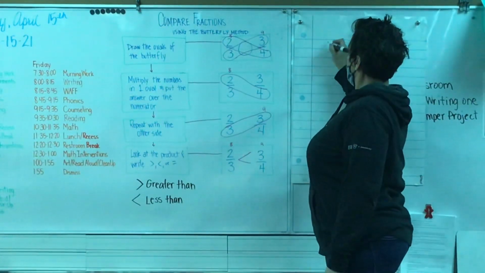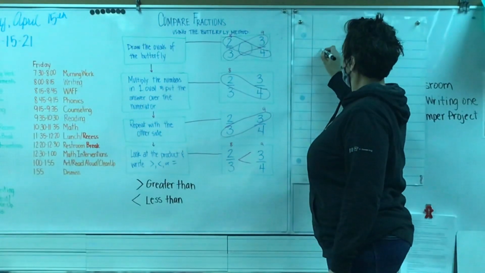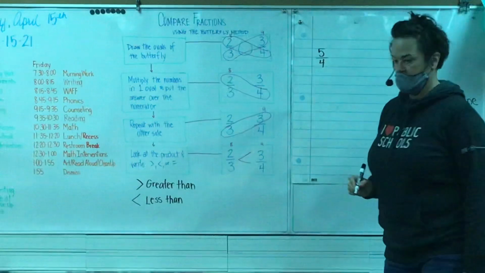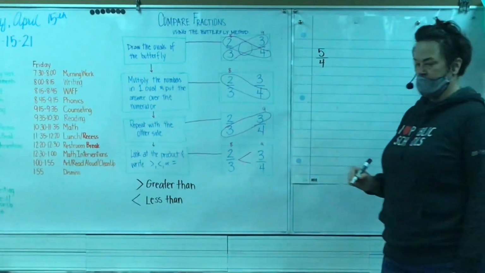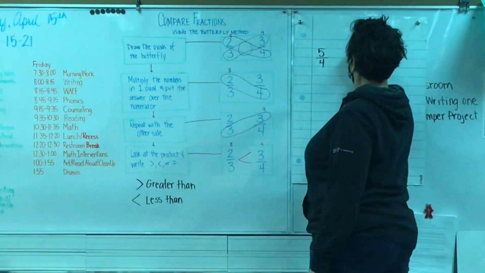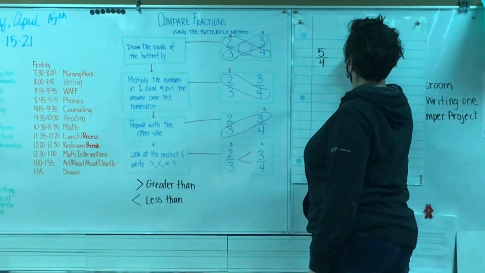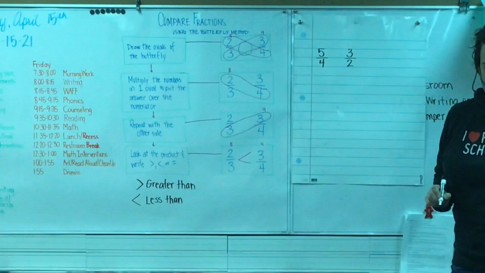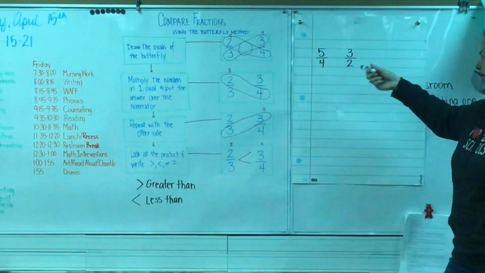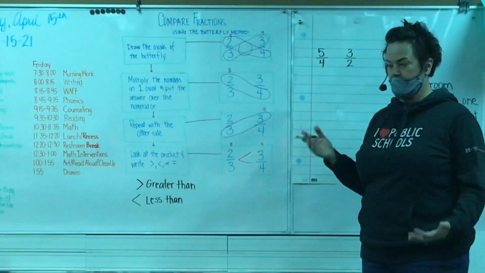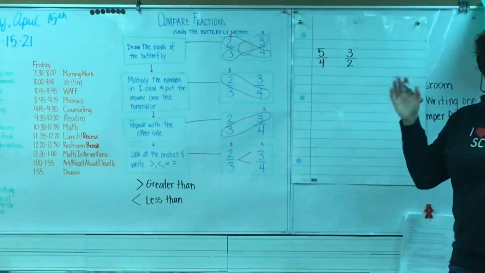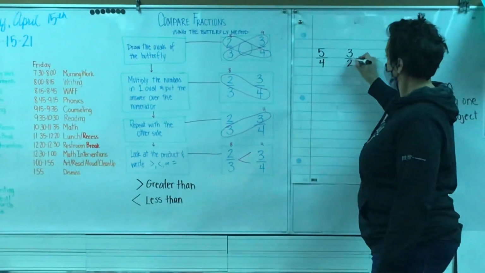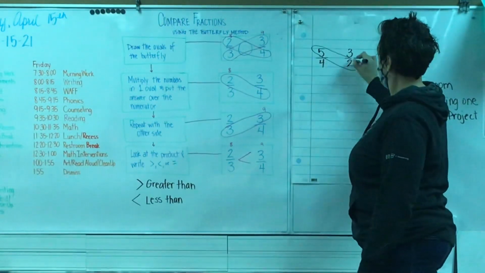What if I show you a fraction like this? 5/4 and 3/2. Now those are improper fractions because our bigger number is on the top, right? But do you think we could still do the same thing with them? Yes. We're going to use our butterfly method.